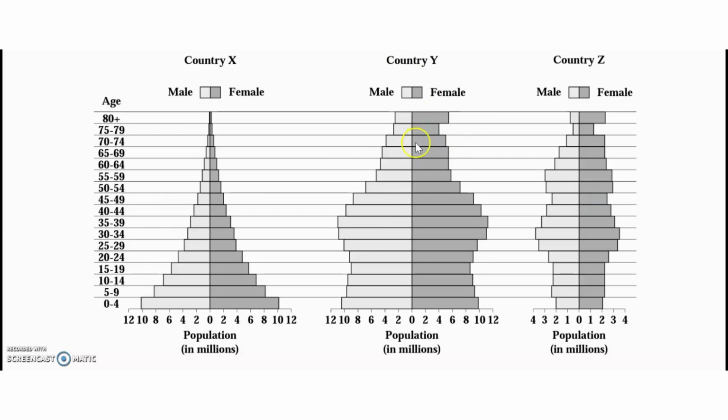Country Y is associated with a stationary population pyramid. Why? Because the population birth rates are relatively the same. But a lot of people, for country Y, are reaching a relatively high life expectancy. A large number of the population is reaching senior citizen age.